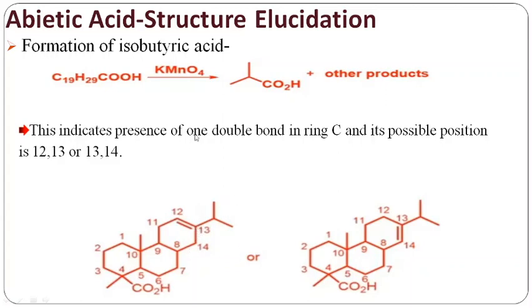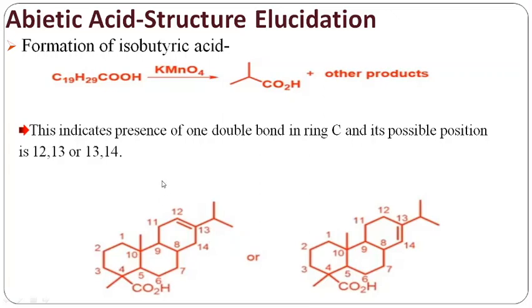So the possibility is that one double bond either occupies the 12-13 position or the 13-14 position. So the conclusion is that one double bond is in ring C, because the isobutyl group is present in ring C. We have already assigned it the position 13. So the possibility of one double bond is either at 13-14 or at 12-13.